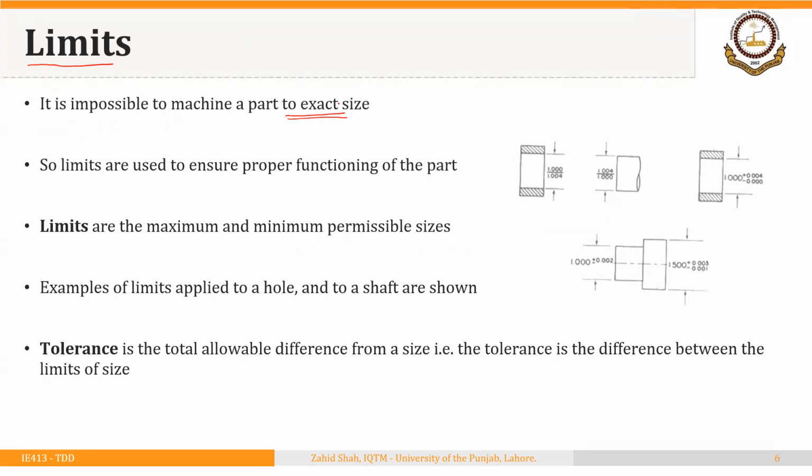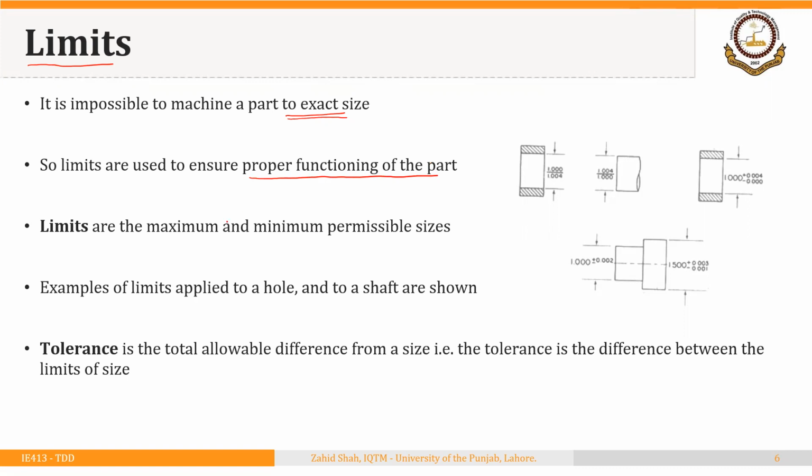Limits are used to ensure proper functioning of the part. So limits are applied in such a way that the functioning of the part is not affected. So it is quite tricky sometimes to decide both the size of limits as well as the direction in which we are applying limits. So we will discuss this point in detail in one of the following slides.